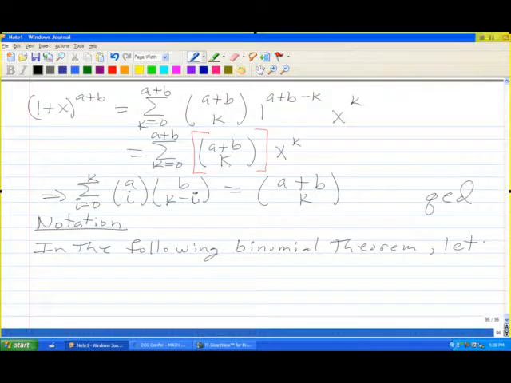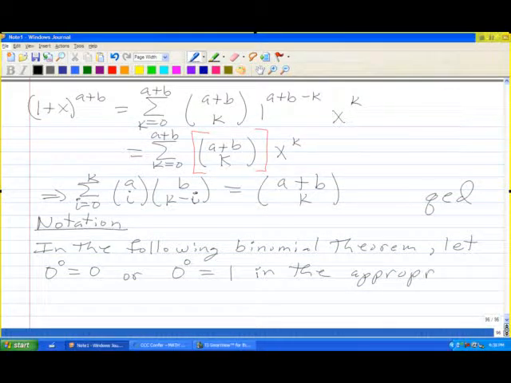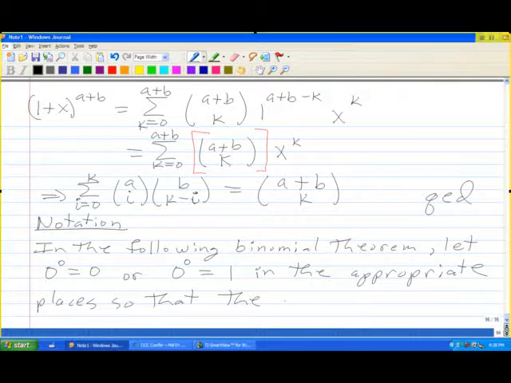I will let 0 to the power 0 equal 0, or 0 to the power 0 equal 1, in the appropriate places so that the theorem holds. Okay, so these are sort of the trivial cases.